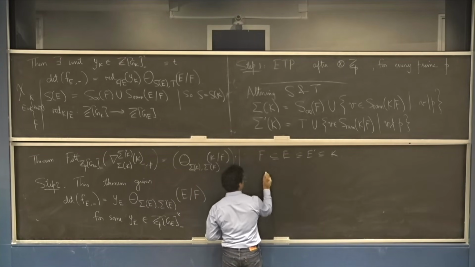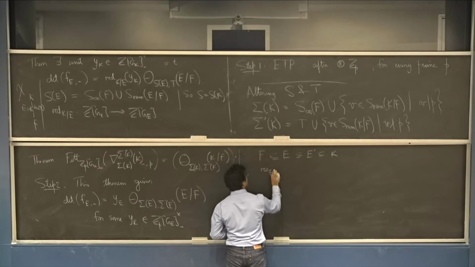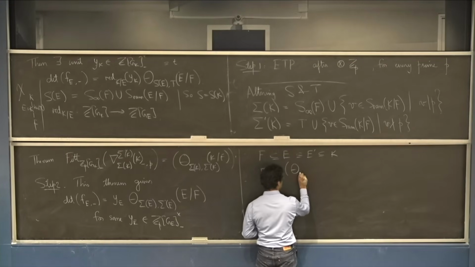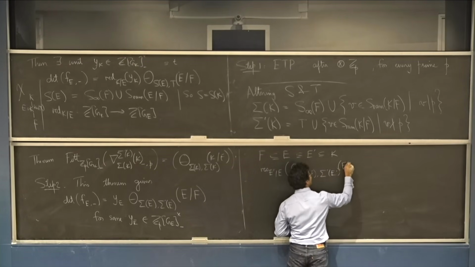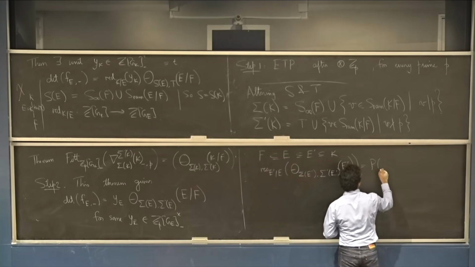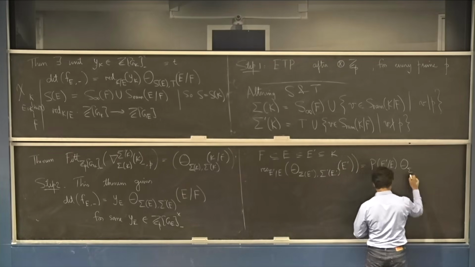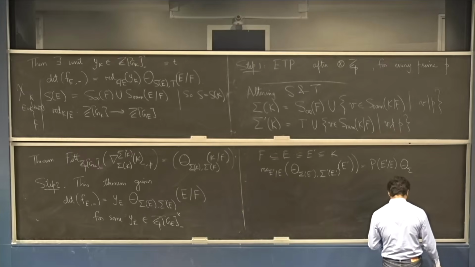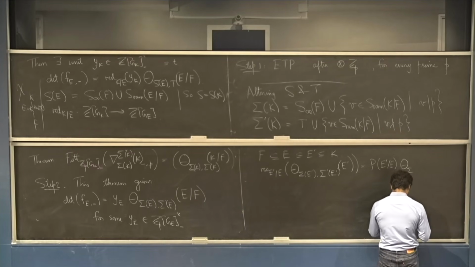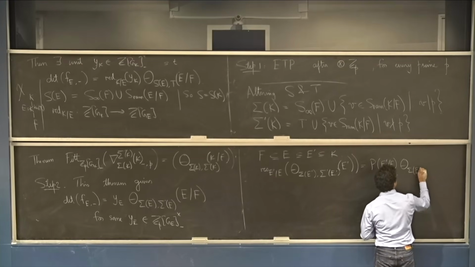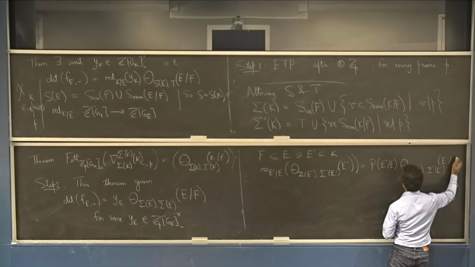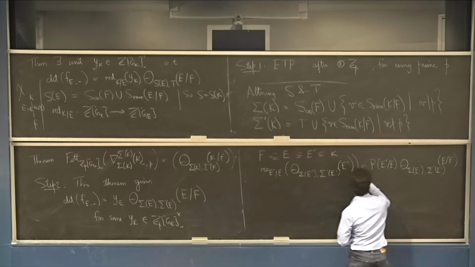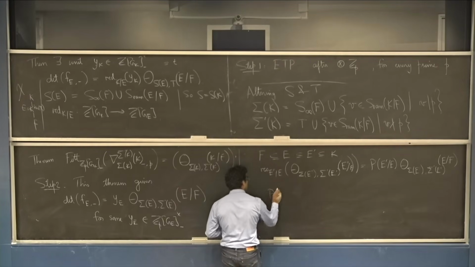Then if I take the restriction from E prime to E of theta sigma E prime, sigma prime E prime, sorry about this notation, this becomes P E prime over E times theta sigma E, sigma prime E prime of E. So what is this P E prime over E?